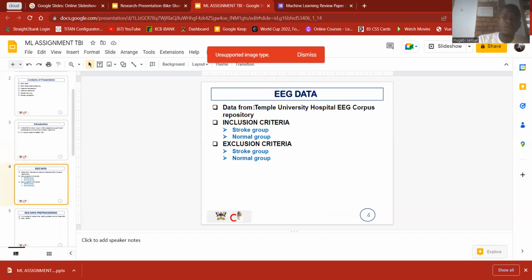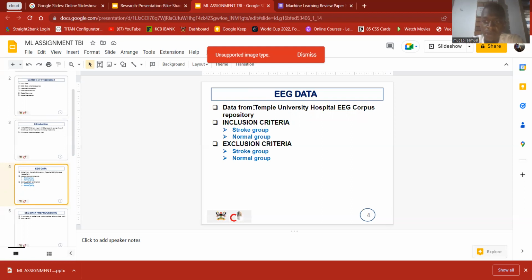The data we used is from the Temple University Hospital EEG Corpus Repository. I think it is one of the best databases concerning EEG data. Very reliable. And in the inclusion criteria that we used, remember we are classifying, we have 3 classes: someone with traumatic brain injuries, stroke, and another who is normal.